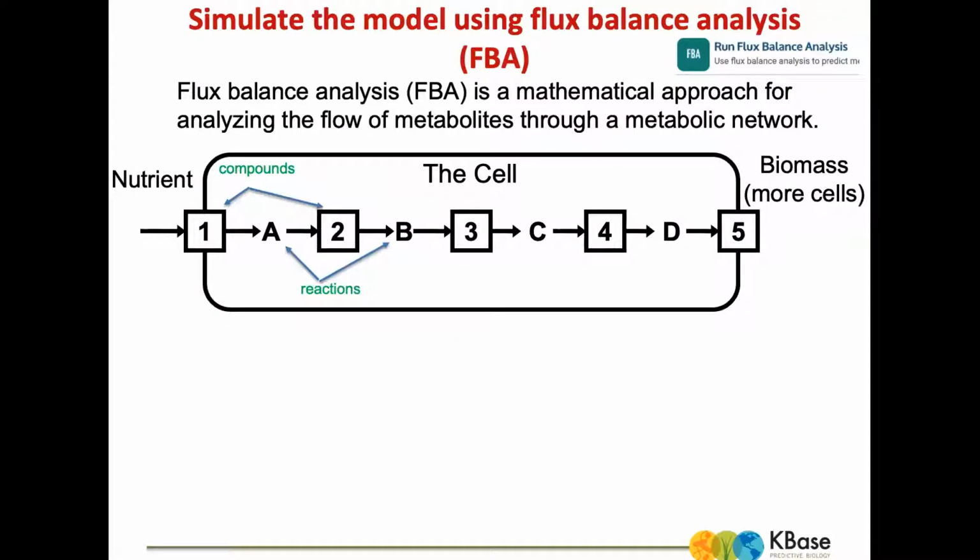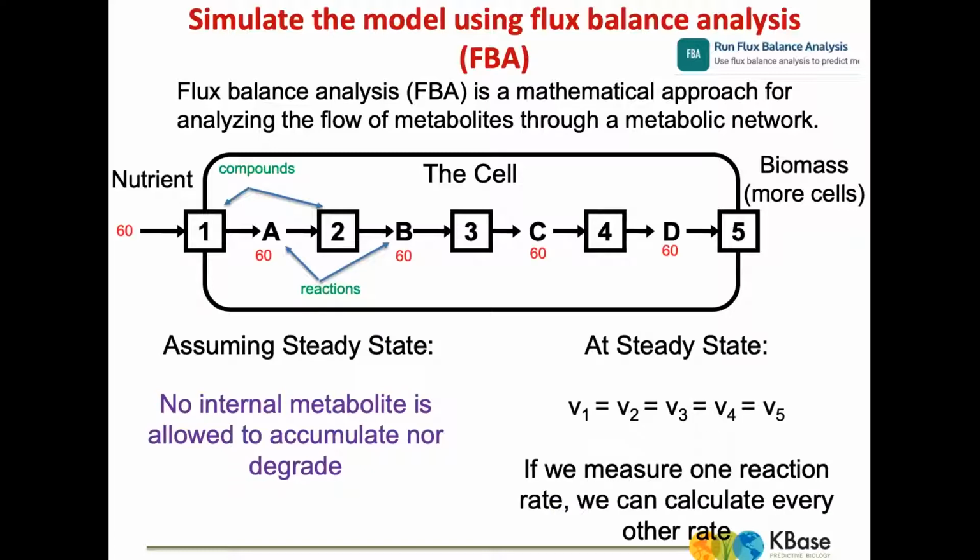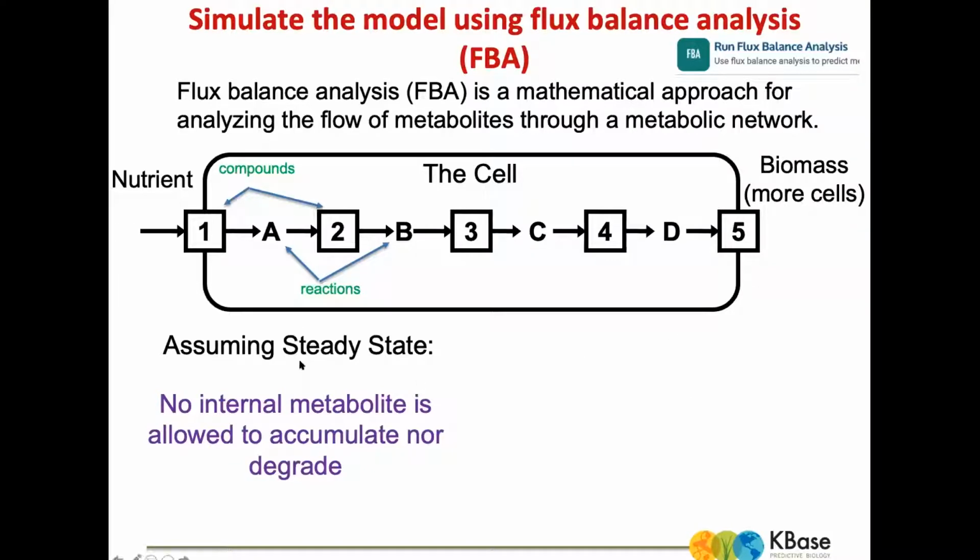Since Jeremy talks about FBA in depth, I'm not going to go deep, but just very broadly. FBA is flux balance analysis, and it's a mathematical approach for analyzing the flow of metabolites through a metabolic network. In this toy cartoonish model, I have these compounds and reactions.